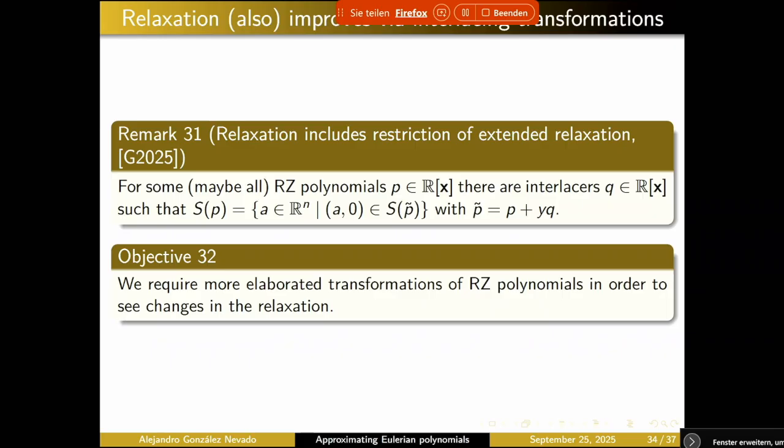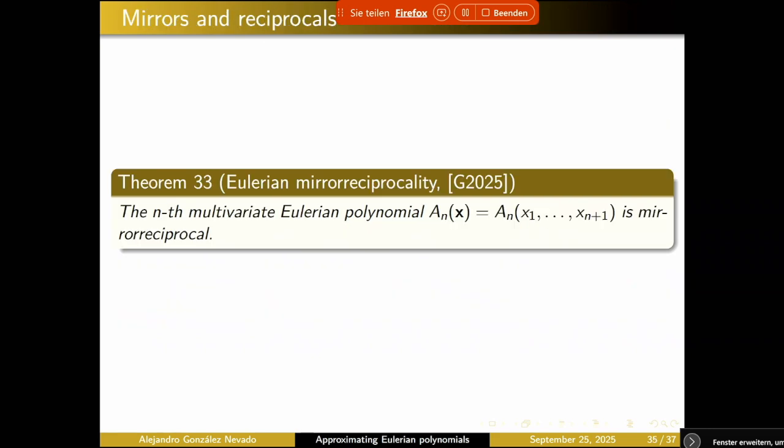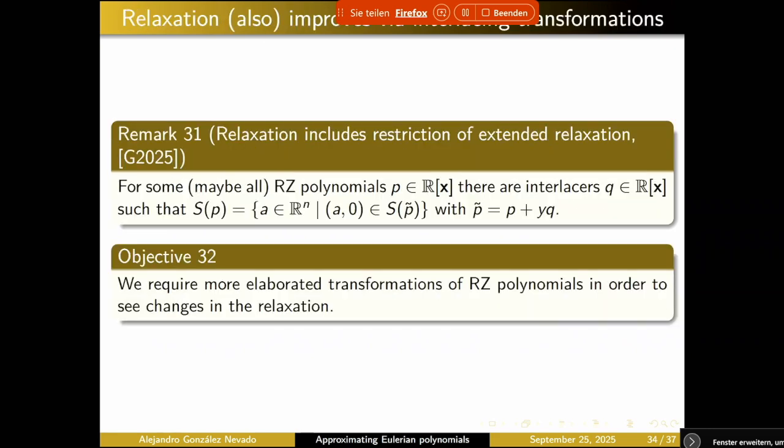So this tells us that we need new forms of introducing new information into the polynomial using this transformation that add new variables to actually power the relaxation. And the last thing is that we use here the relaxation to improve the bounds that we know about univariate polynomials. But then we use this improvement to measure how well the relaxation is at improving these polynomials.